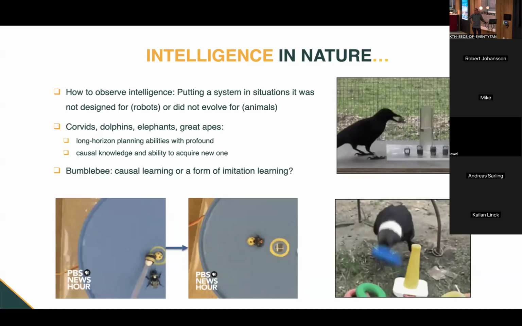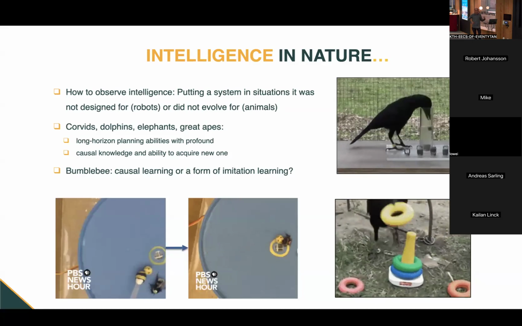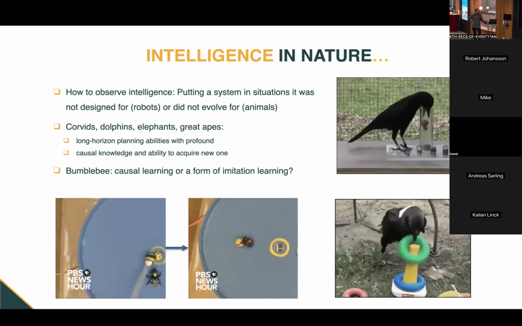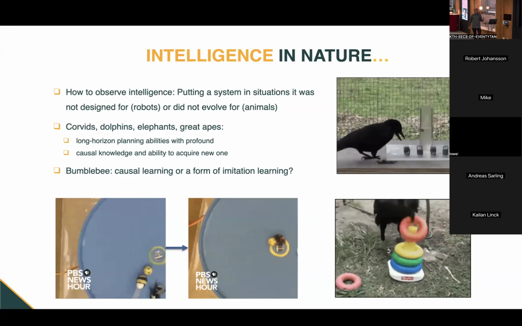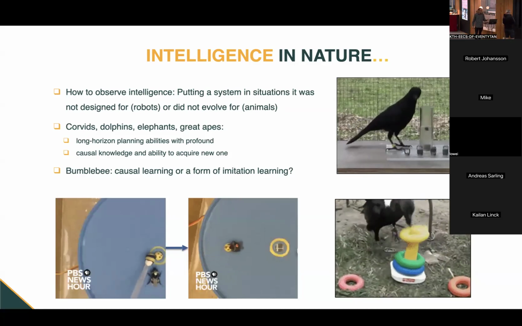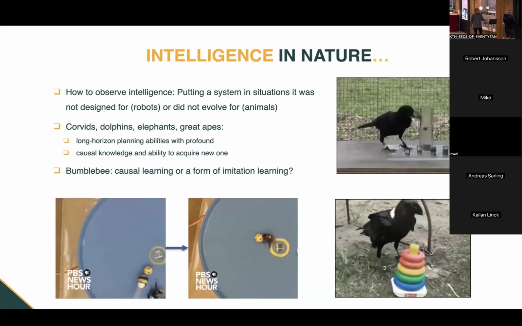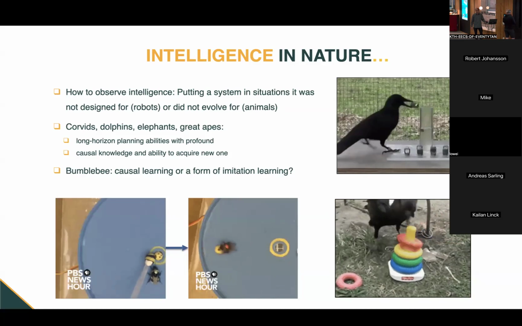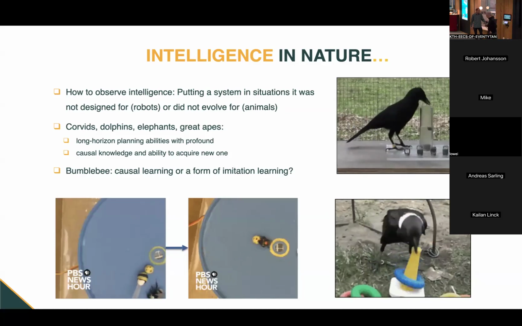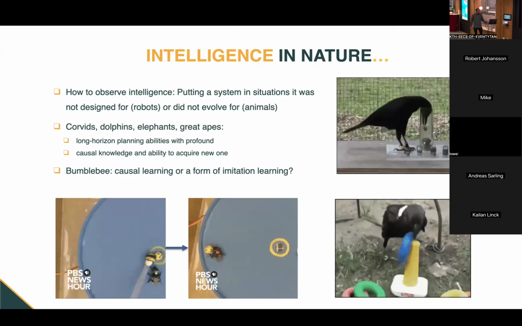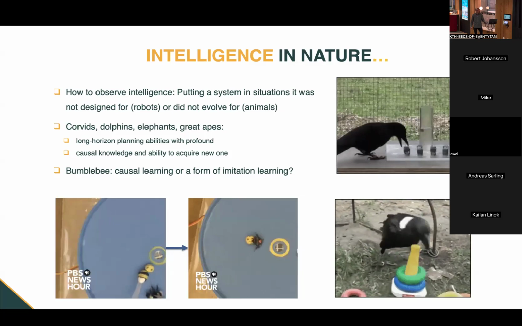One is, for instance, we see intelligence in natural species, in nature, basically. Different species which are able to learn hypotheses while they carry out tasks. And here, for instance, you see even a bumblebee on the screen, which is able to learn a quite complex task, which is to roll something into a hole in order to get honey.